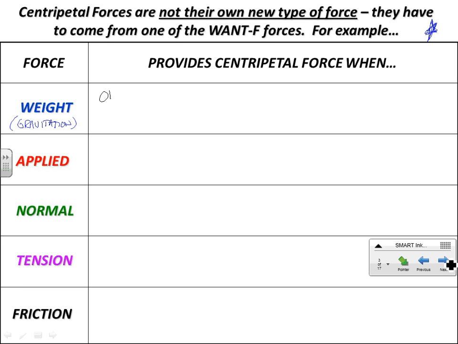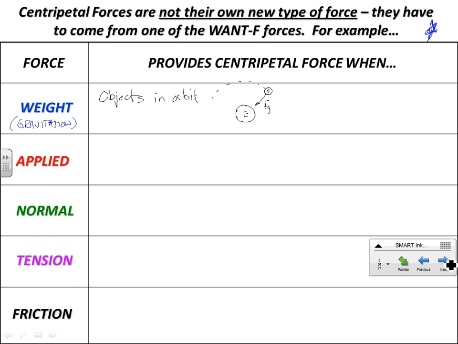Well, for objects in orbit, the gravitational force between, say, the Earth and a satellite: the satellite moves in a circular path, and the gravitational force acts inward, therefore gravitational force is a centripetal force.